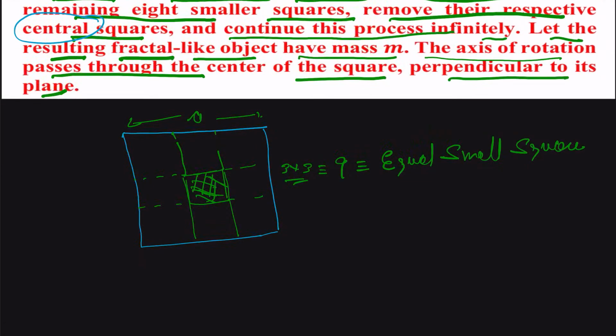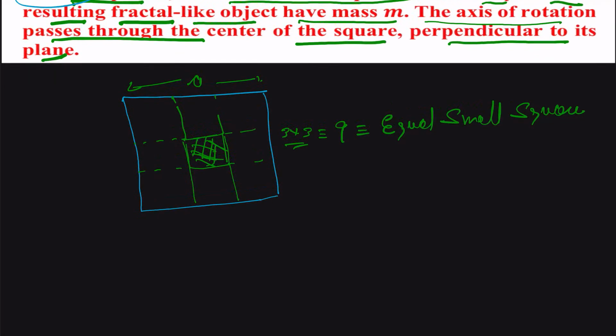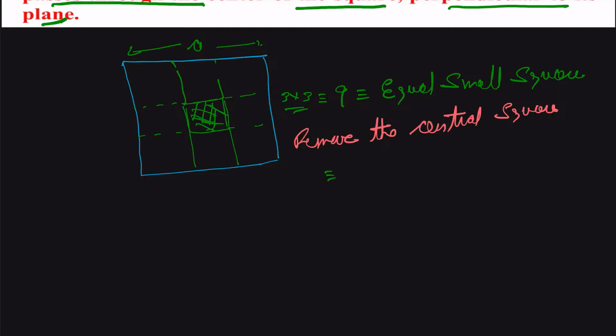and if we remove the central square, this will be leading us to only 8 remaining small squares. So we are left with only 8 remaining small squares.